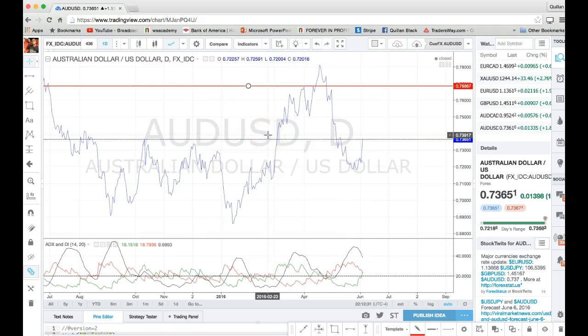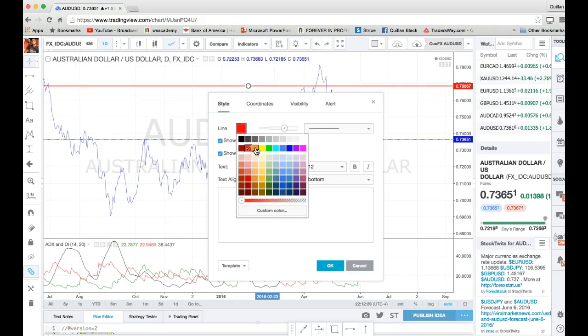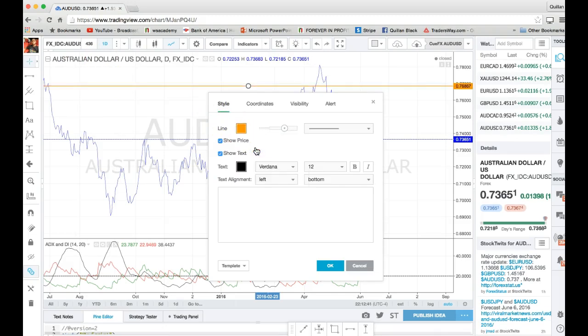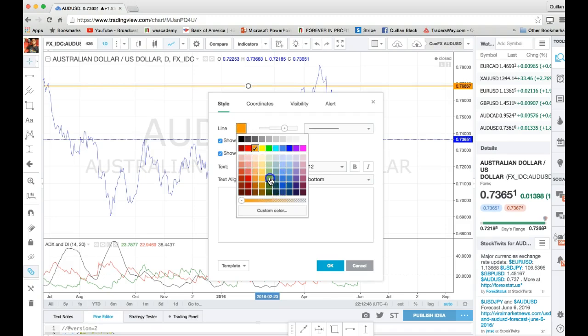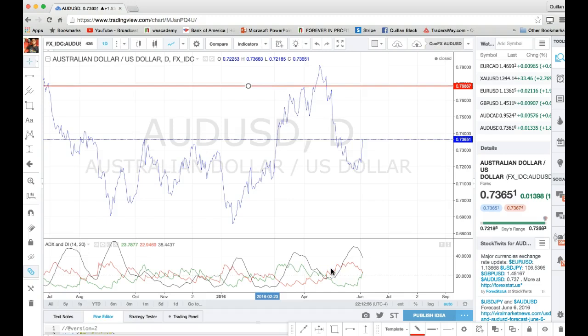My H1 is going to be orange, which is the primary color, right here. That's going to be my H1s. My H4 is going to be this green. Dailies are going to be red, and my randoms are going to be this blue right here. Randoms are the random support resistance that you run into when looking for a certain entry point.